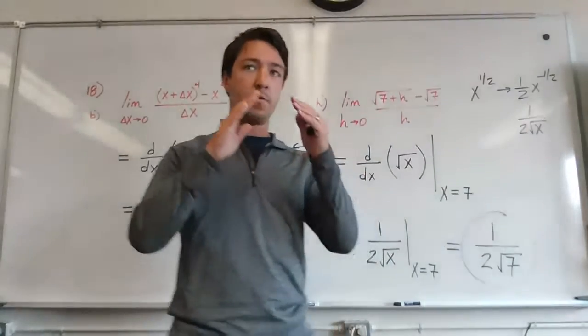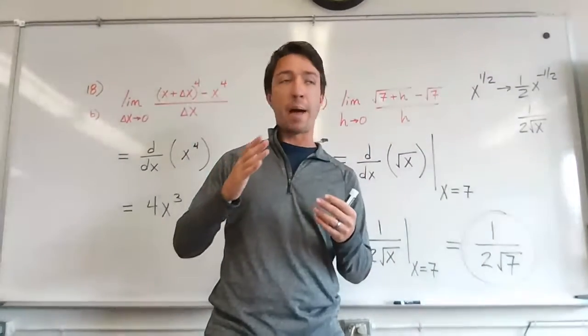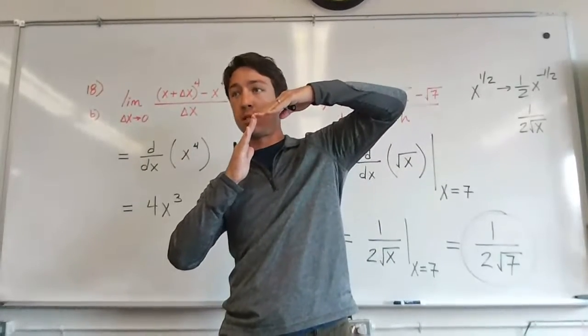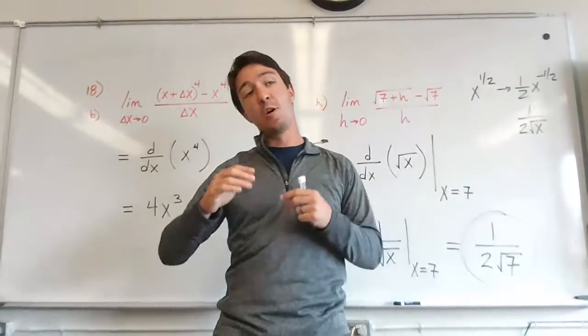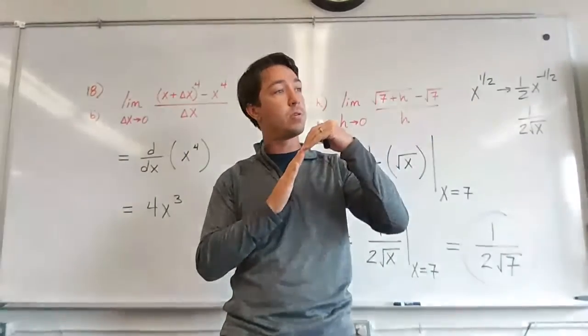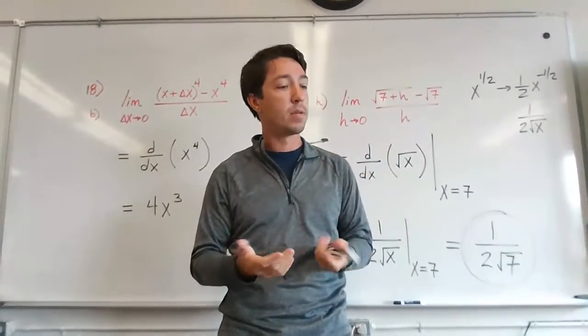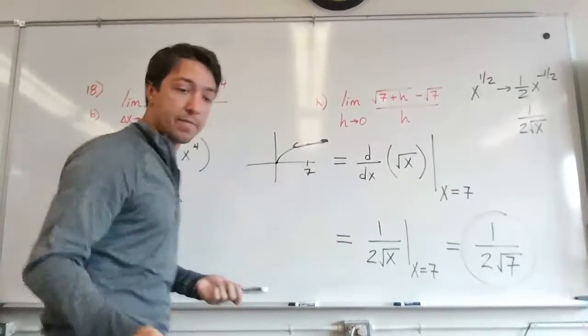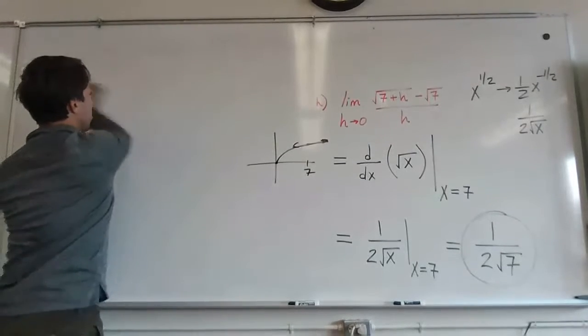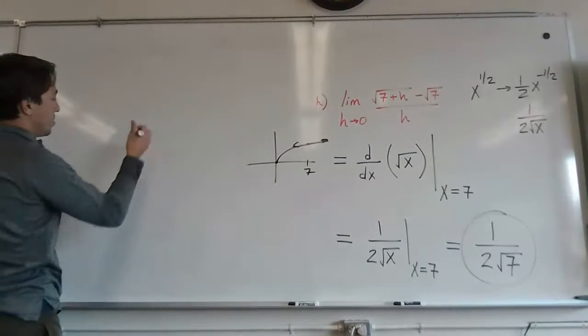So if you have a function and the slope changes instantaneously from say 2 to 1, that's a sharp turn. But if the slope smoothly transitions from say a slope of 2 to a slope of 2, then it's differentiable there.